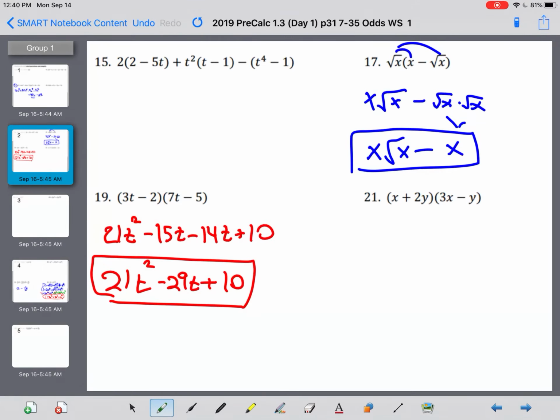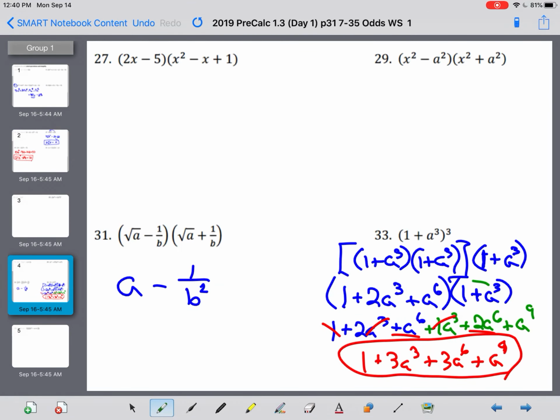Moving on here, 27 is, again, extended distribution, so I'm going to run the 2x through first. So I get 2x to the 3rd minus 2x squared plus 2x.